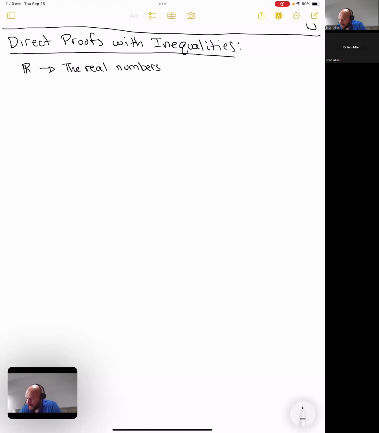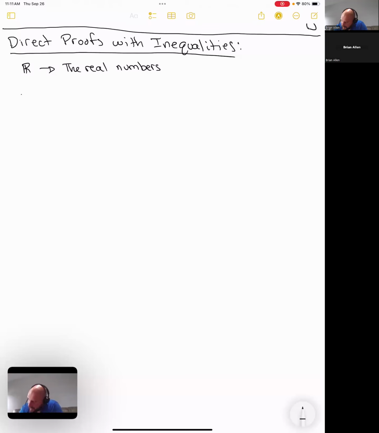In particular, any number that can be written as a fraction, but also any number that can be written as a decimal that does not have finitely many decimal places, something like pi, which has infinitely many decimal places. We'll be more precise about this in analysis, but for now that's fine. You're already used to the real numbers from a lot of math classes such as calculus.